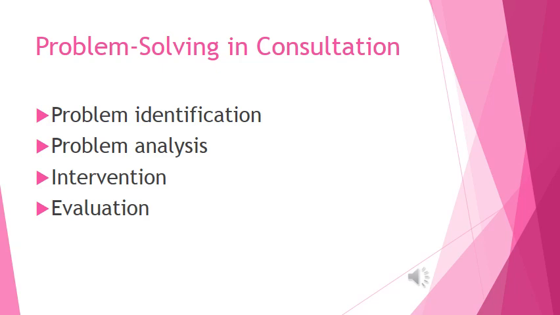Similarly, the consultee can dismiss any projected recommendations. Finally, if an intervention is tried, the evaluation component of the process assesses the consultee's satisfaction with the consultation process and its positive effect on the identified problem.